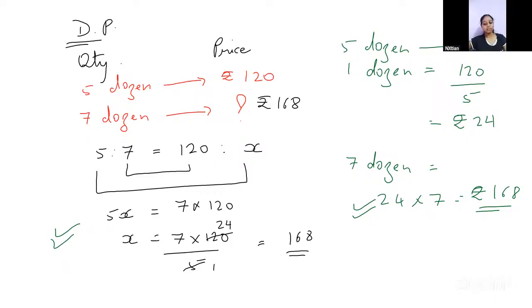Arranging it, Abraham. Ma'am, if this was inverse proportion, I would have to arrange it so that one increases, one decreases, right? Yes, Abraham, perfectly right. If it is inverse proportion, you have to arrange it in such a way that one increases, one decreases, and then you can find the answer.